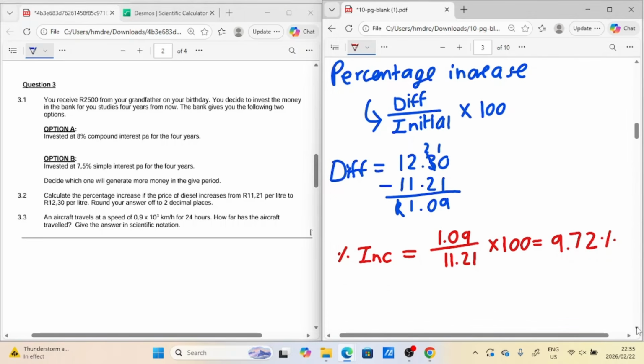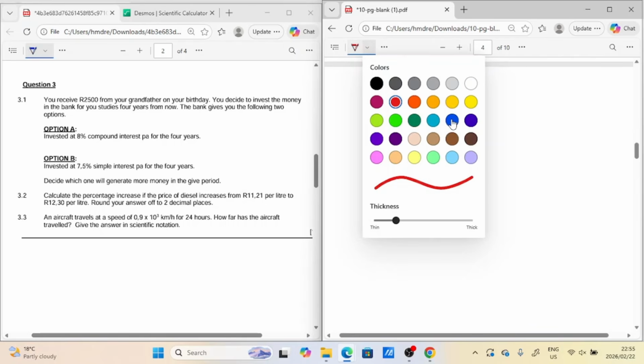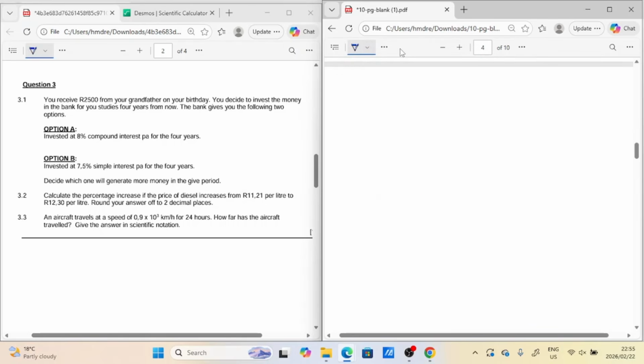Okay, and then question 3.3 is a speed, distance, time question. So again, this is something that you have to know the formula for. So we need to remember that speed is equal to distance divided by time.